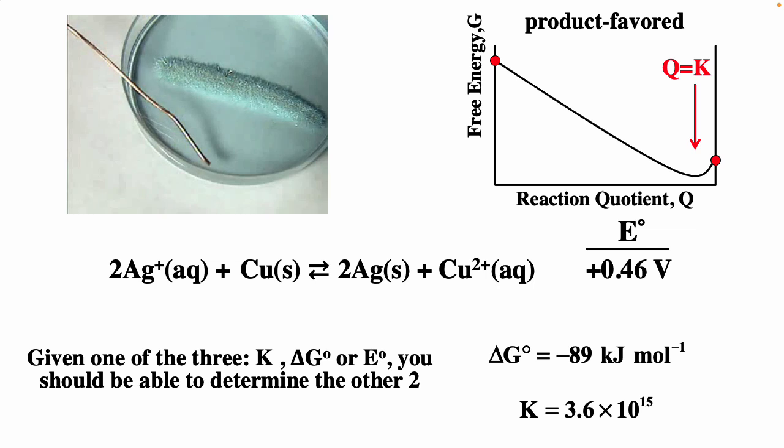The silver ion solution has become crystals of silver metal. So again, the potential for this reaction is positive, delta G naught is negative, and K is greater than 1, meaning this reaction is spontaneous. And so if you put a piece of copper in a solution of silver ions, you'll actually produce silver metal and copper ions.